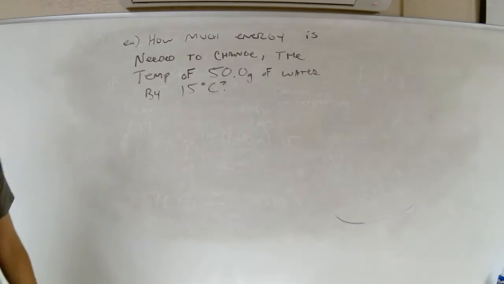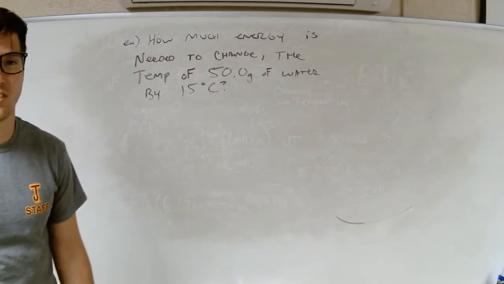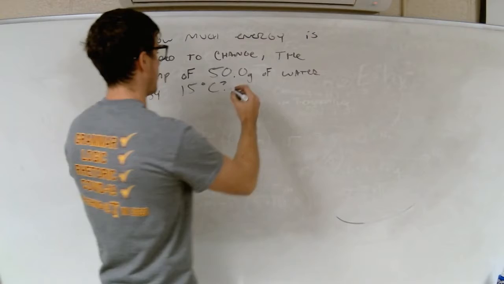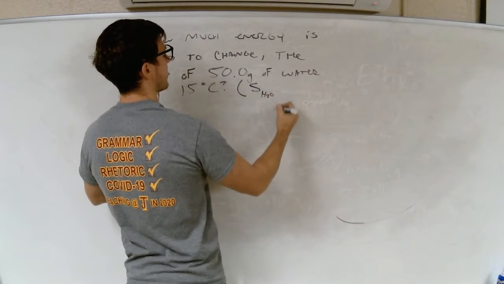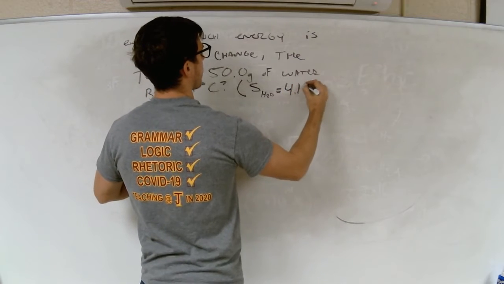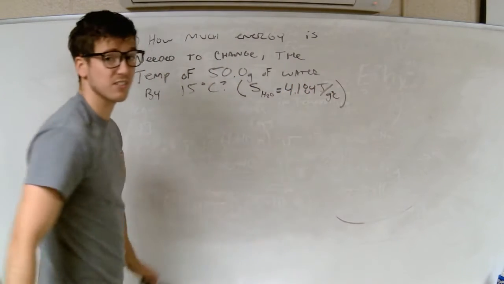Okay, and the specific heat of water, I don't expect you to have it memorized. They usually give it to you, but if you don't know it, the specific heat of water, which they will put as S sub H2O, is 4.184 joules per gram degrees Celsius.